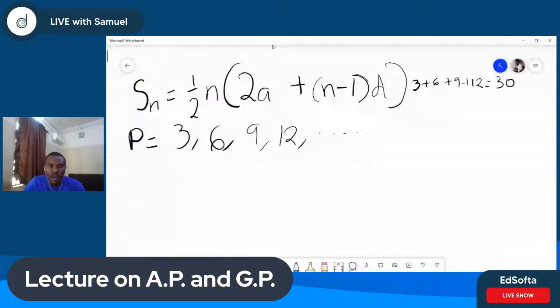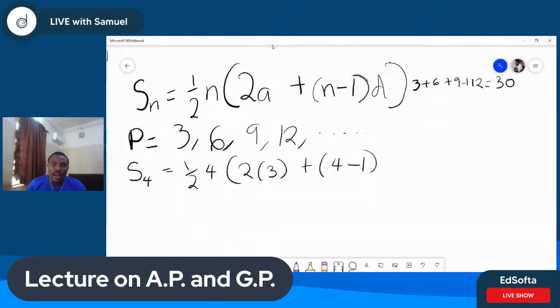But now let's see if our formula can give us the same sum. So let's say we have S4 is equal to half 4 times 2 times 3 plus 4 minus 1 D. Now, again, how do we find our A? Our A is the first one.